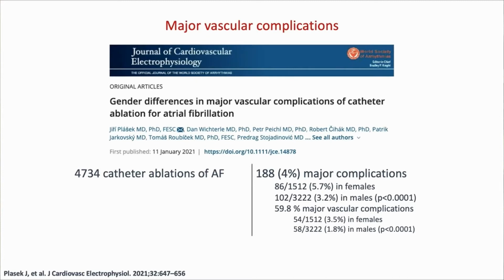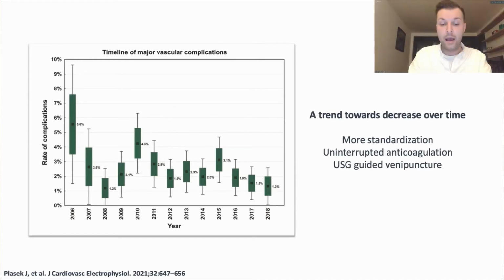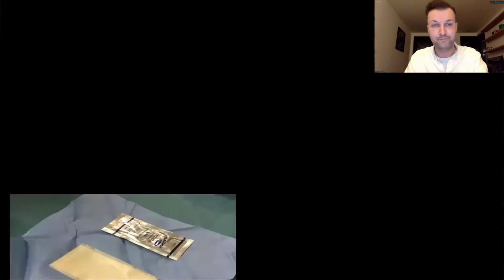Important for us is that ultrasound-guided venipuncture lowered the major vascular complications rate. The next table, timeline of major vascular complications, shows development of complications based on more standardization, uninterrupted anticoagulation, and ultrasound-guided venipuncture, and shows a trend towards decrease over time.